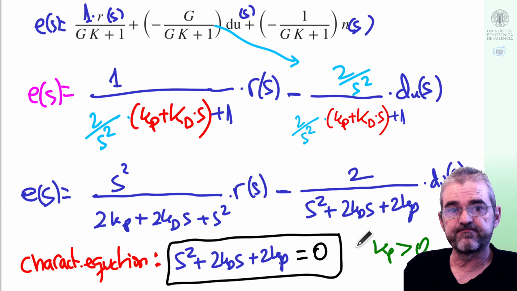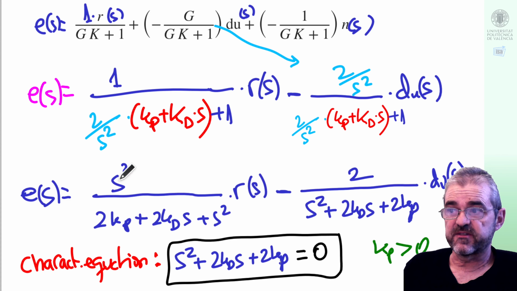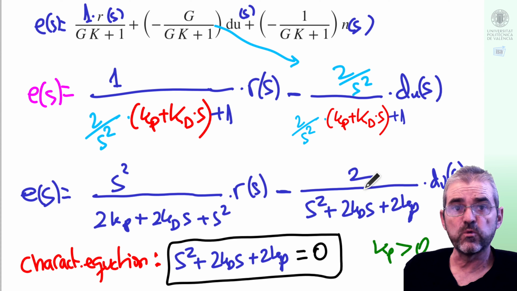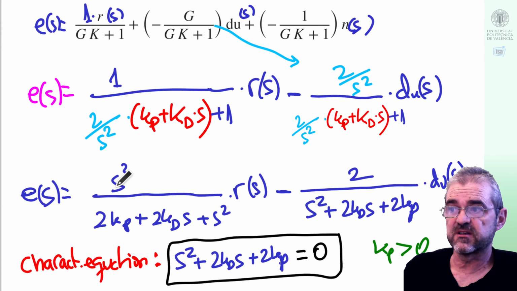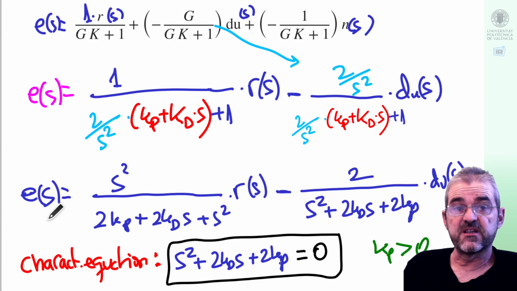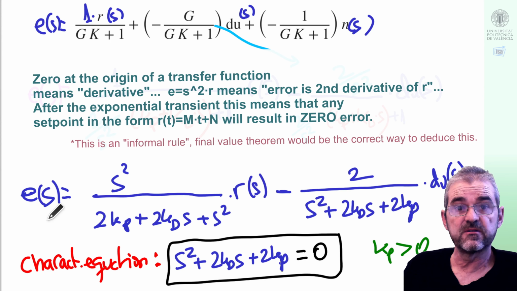I will work with the characteristic equation and design Kp and Kd so that its roots are in a particular desired location. And then regarding static specifications, well, we need to check that what we are being asked is feasible, and for instance, the steady state error with respect to set point changes in here is 0 for step changes, and also it is 0 for ramp changes because the error has a double derivative.